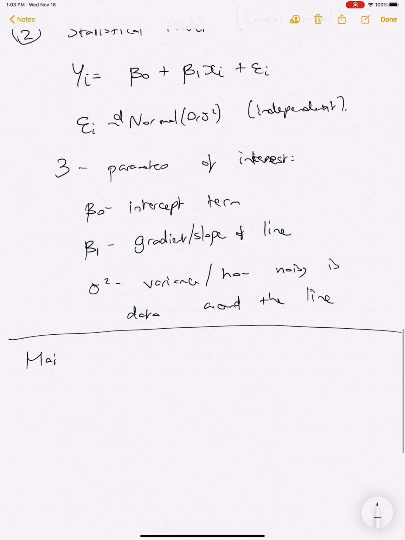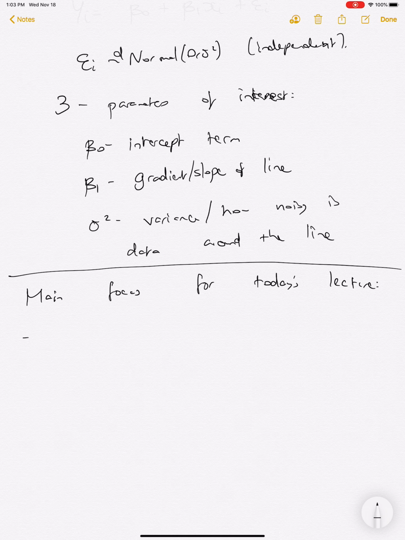The main focus for today's lecture is finding good estimators for beta 0, beta 1, and sigma squared.